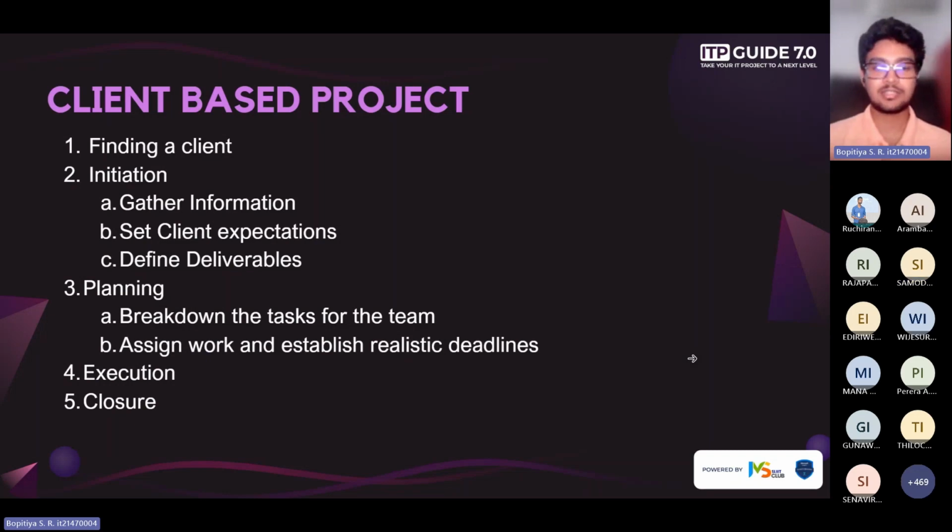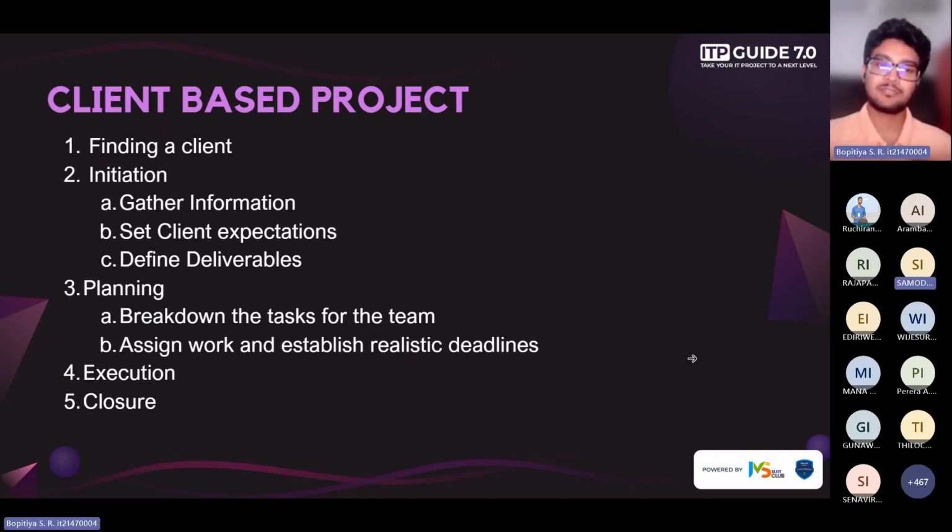So when we say the initiation, that means you need to gather information. That's by interviews, having surveys, and getting the feedback of the employees working there. So basically what you need to do is, if there is an existing system in the company, find out the problems in the existing system, and then come up with the solutions for it, right?